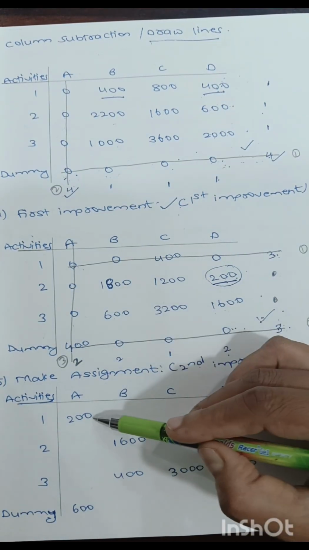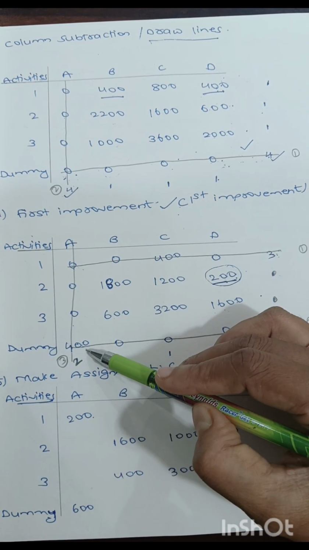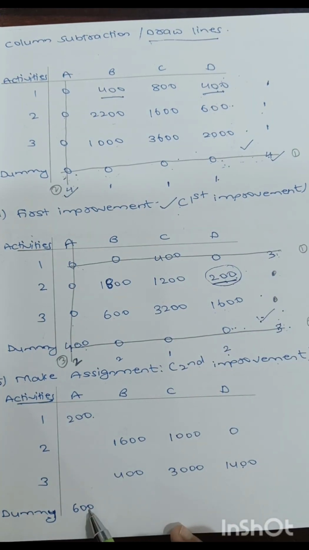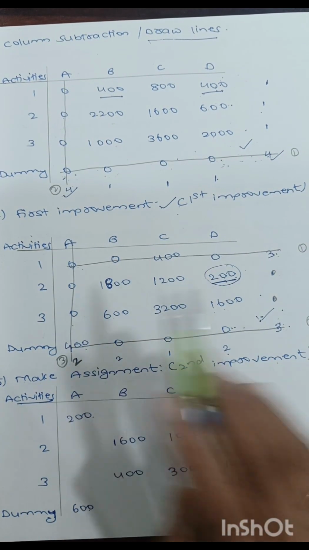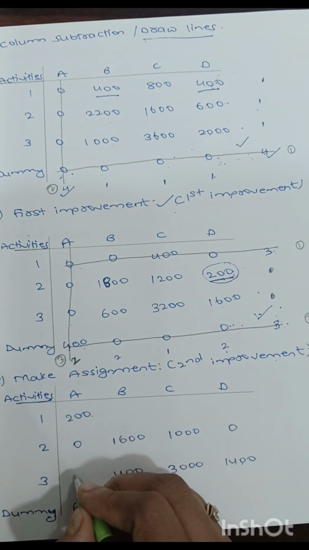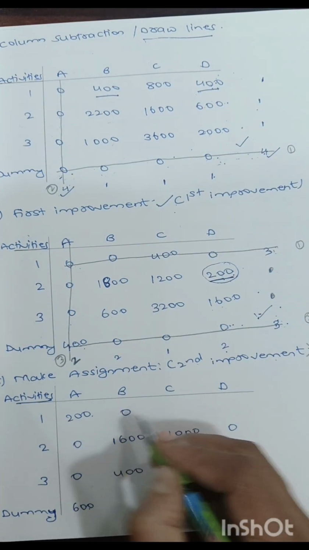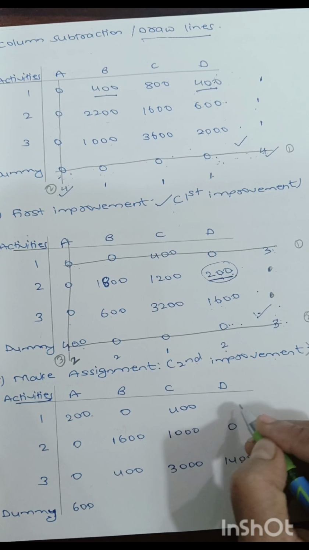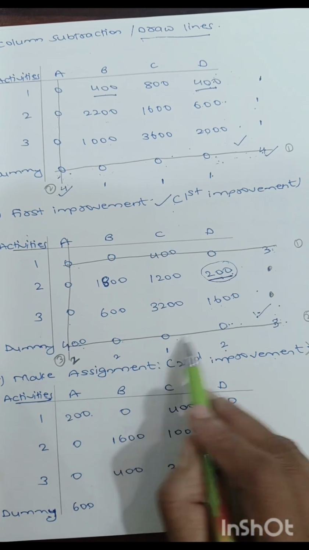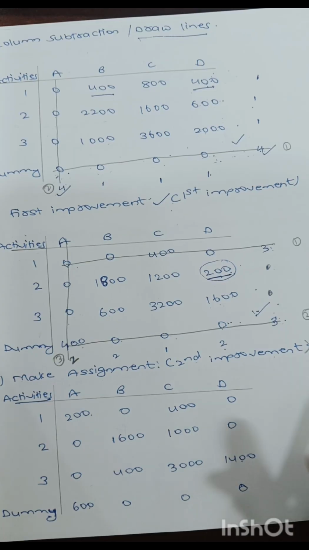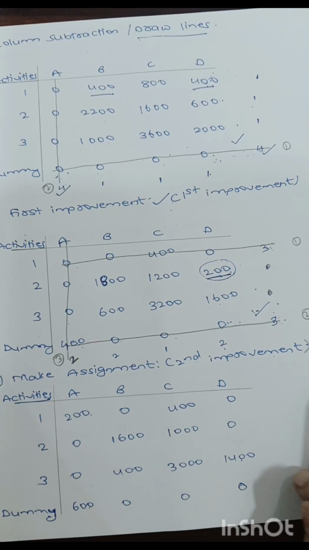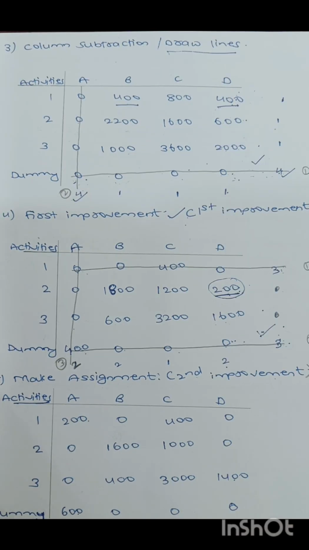So 0 has become 200 and 400 has become 600. Keep all other elements which are on a line as they are. So 0, 0, here it is 0, 400 and 0. Here it is 0, 0 and 0. And this is our second improvement matrix.